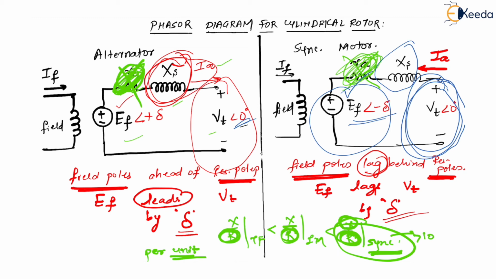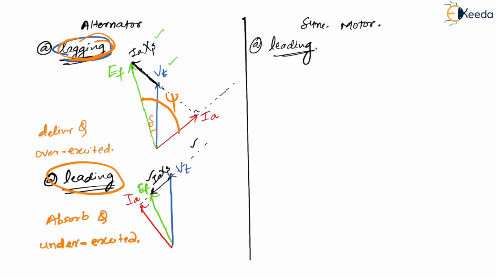What I am saying is, don't think about Ia Xs. We know the shortcut: if it is a synchronous motor, then my EF has to lag my VT by an angle delta. Problem solved, correct? By the way, here also the angle between EF and VT is going to be delta, and the angle between IA and EF is going to be psi. Anyways, let us think of the motor. So, let me have my VT over here.